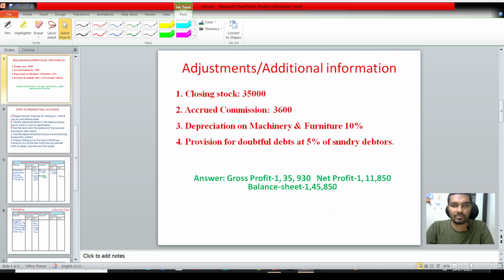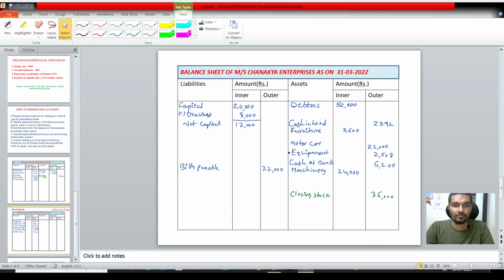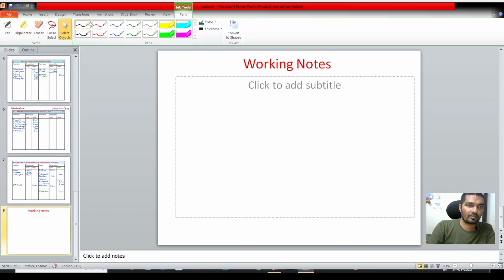So the first adjustment is completed. Second one, accrued commission, the amount is 3600. There are two types of commissions available. One is commission paid, another is commission received.